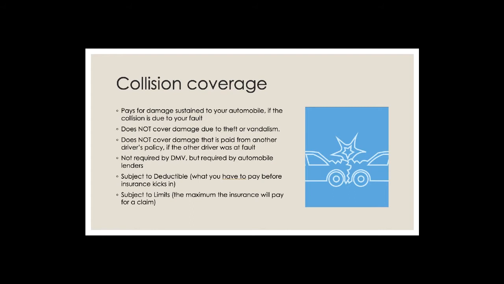It also does not cover damage that was paid from another driver's policy if the other driver was at fault. So remember, if you're at fault, then the other guy's car is covered by your liability coverage. And if your car is hit by somebody and it's their fault, their liability covers the repairs to your car. So you can sort of see how that works.